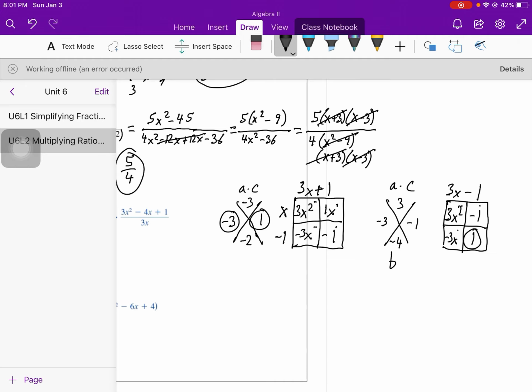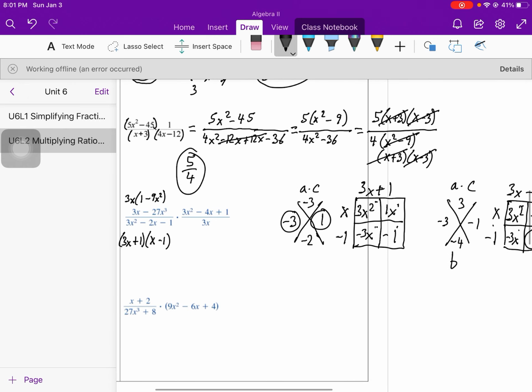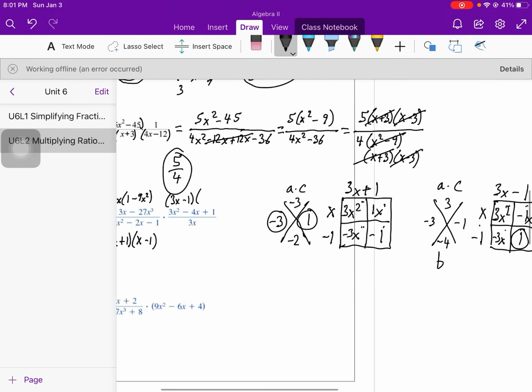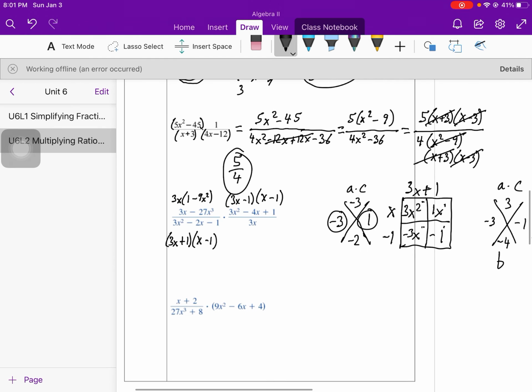And then going left to right, 3x squared, negative 1, we can take out, oh, I forgot the x there. That should just be an x. And then negative 3x and 1 is going to be 1, but it's going to be a minus 1. So this factors into 3x minus 1 and x minus 1. And then the very last part here, this 3x, can't take anything out there, so we're going to leave that.